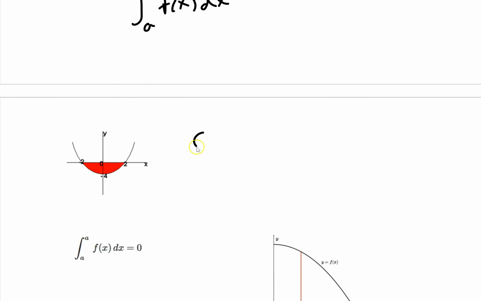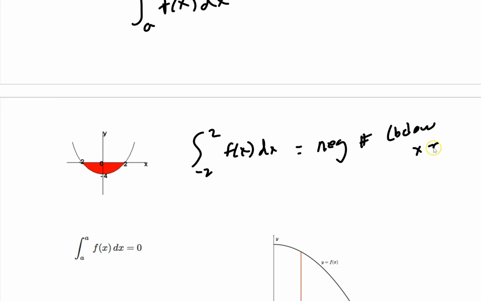If I integrate from -2 to 2 of f of x dx, again, with respect to x, that's going to be a negative number because it's below the x-axis. Right, so every time you integrate and find the area and it's below the x-axis, that area should be negative because it's a negative value.